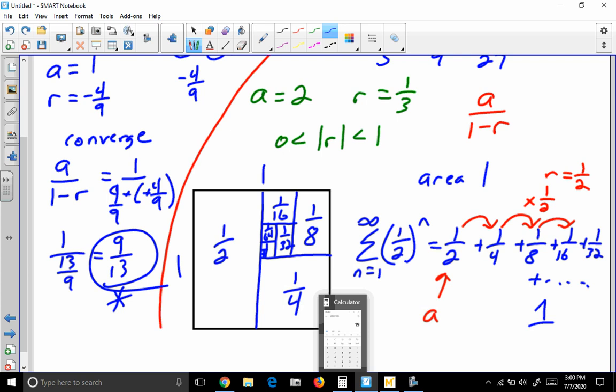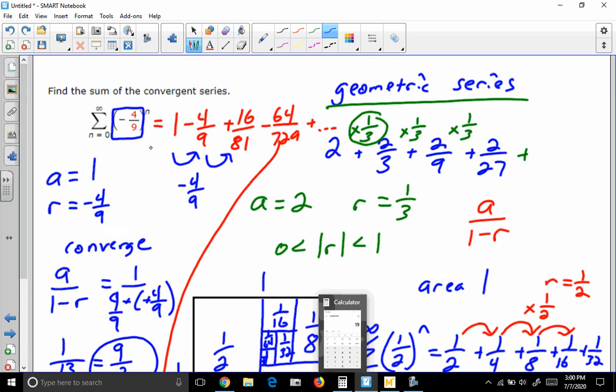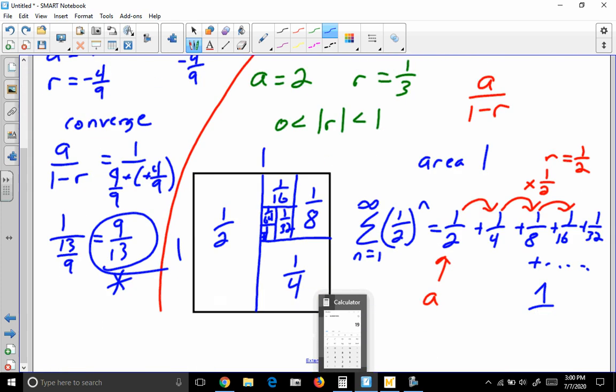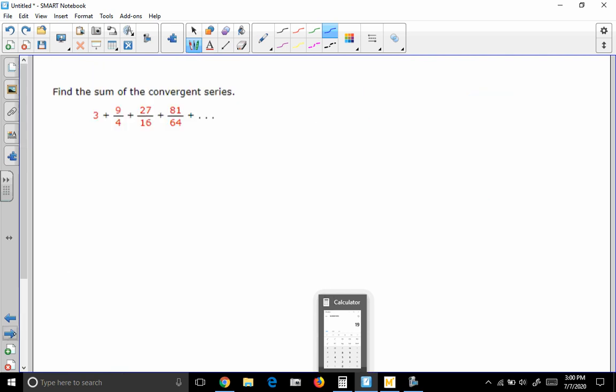If we were to list more and more partial sums of this geometric series, as we get more and more terms, an infinite number of terms, this is what we approach. Okay, here's another one.